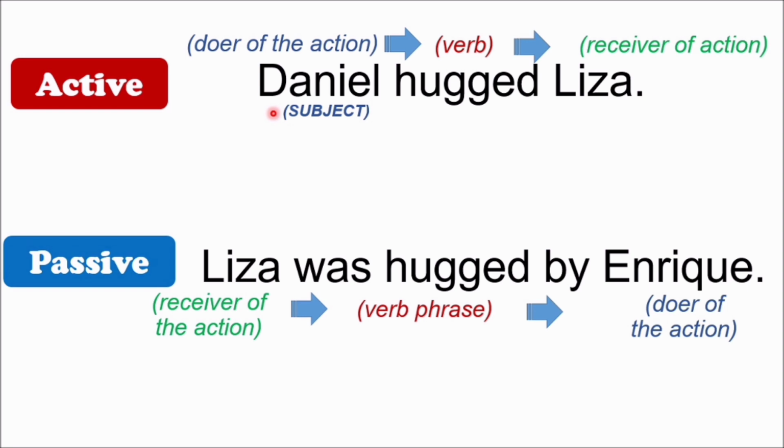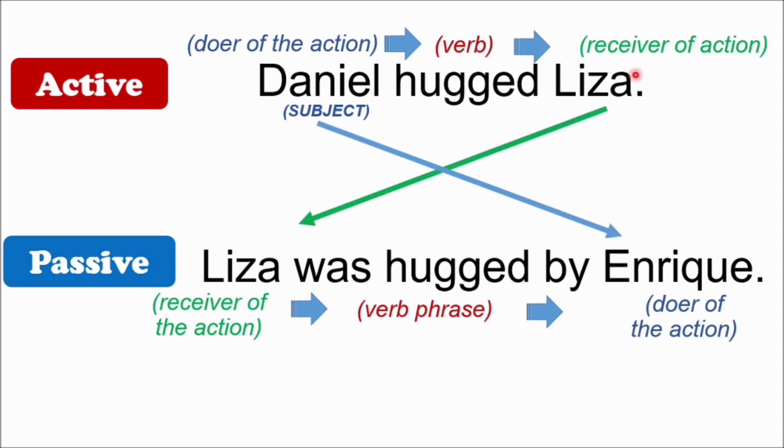Now, if we're going to transform this one into a passive voice, it's this. Look at the positioning of the doer of the action and the receiver of action. In passive voice, the receiver of action will be the subject of the sentence, okay? And then the doer of the action will become part of your prepositional phrase. Why? Because the doer of the action now is preceded by the preposition by, okay?